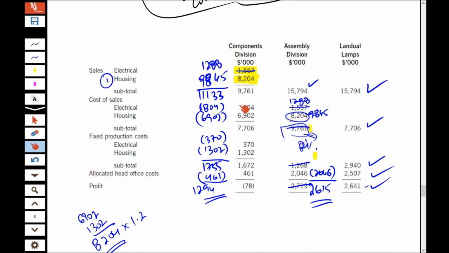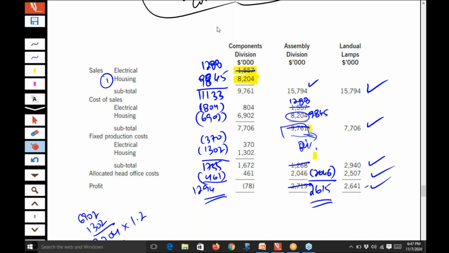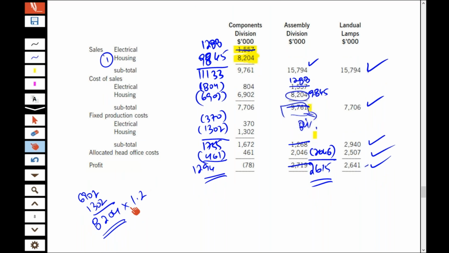Okay, the next step is basically how did we get the 9845? We got the 9845 this way. 6902 was one of the costs, 1302 was another cost. I added up both of them and multiplied it with 1.2.